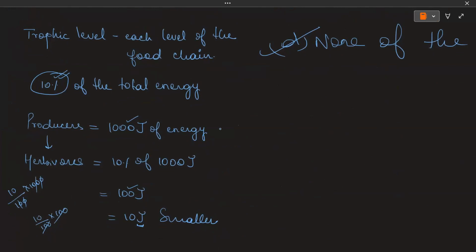You can write this whole energy thing as an example also, taking the 10% out. They can give you a number for what the producers make, and you'd have to take out 10% of the total energy and give it to each trophic level. They can ask you this type of question in the exam.